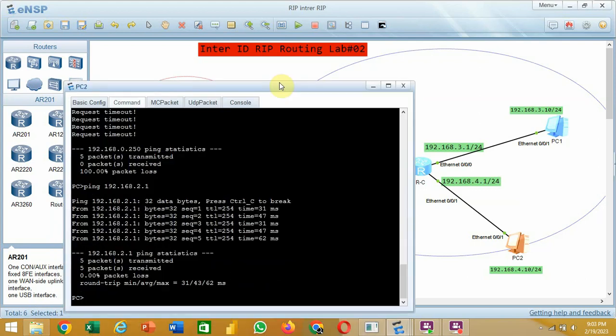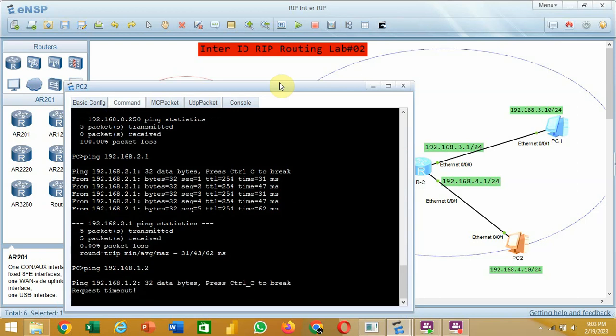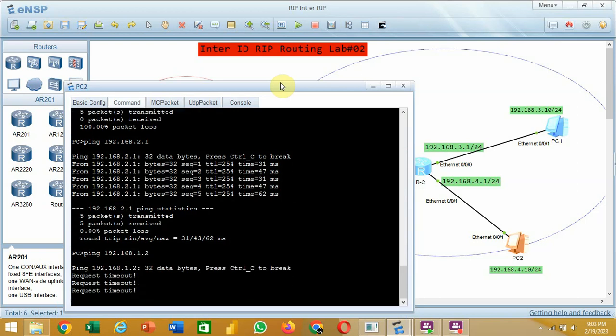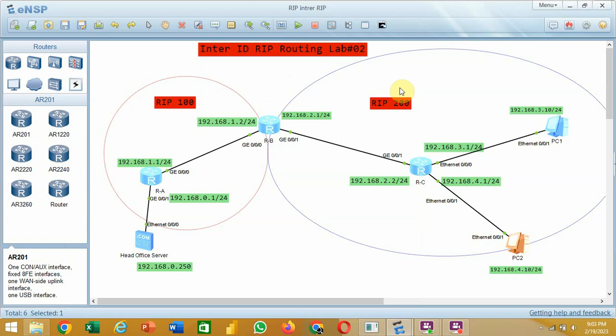But we cannot ping 192.168.1.2. Same is the reason.